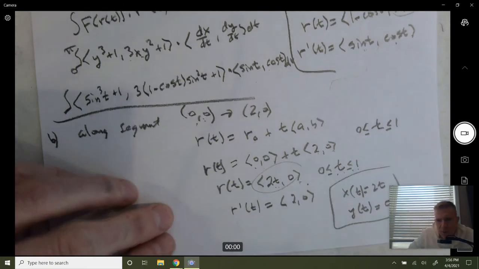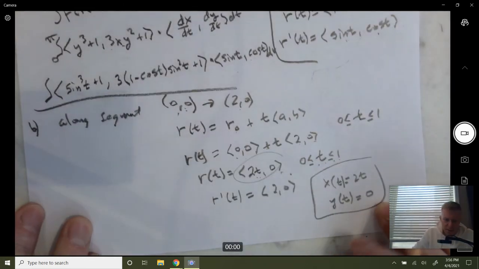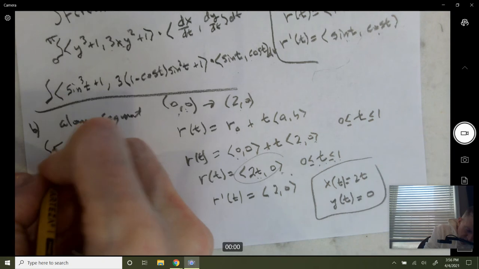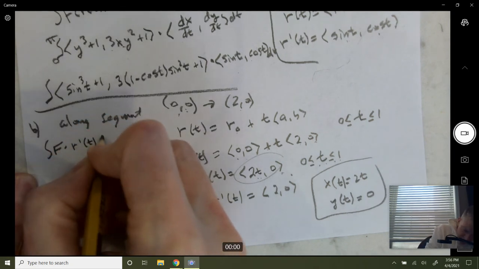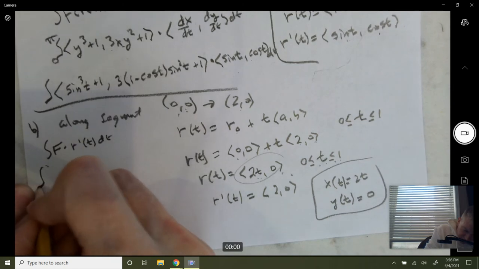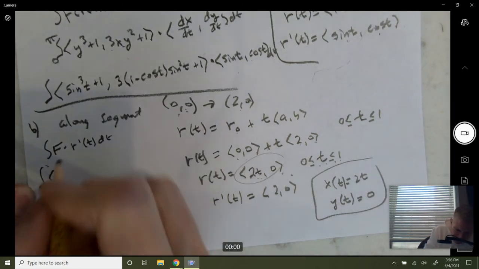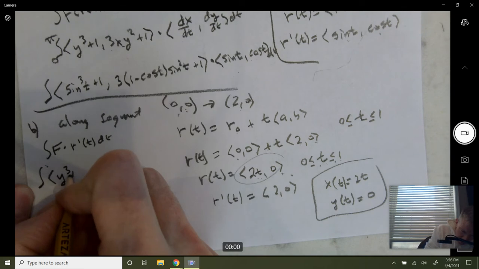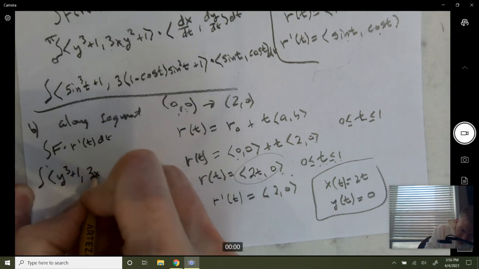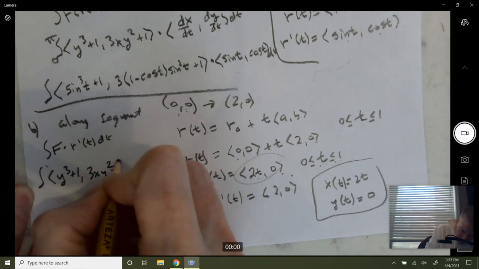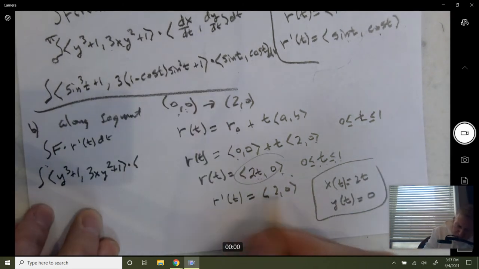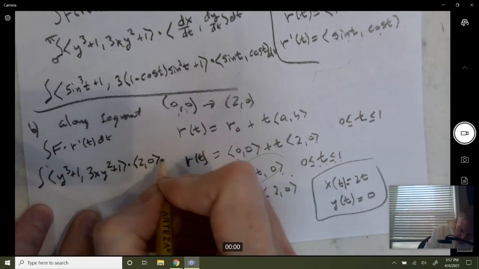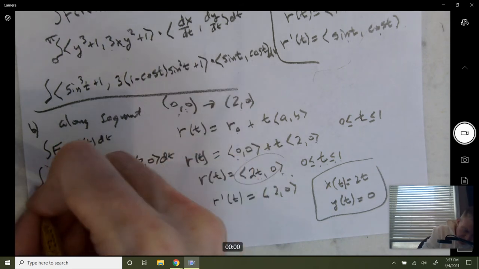Okay, so when we go to evaluate this integral of F dotted with r prime of t dt, your F is (y cubed plus 1, 3xy squared plus 1), dotted with r prime of t, which is (2, 0), dt, from 0 to pi.